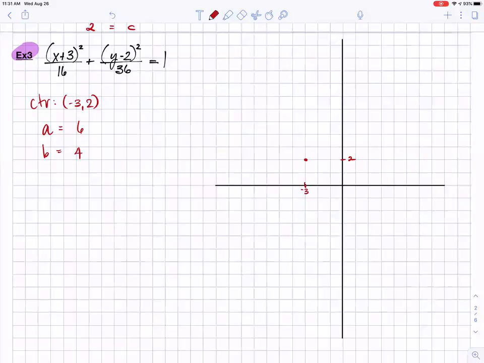How far up and down? 6 units up and down. 2, 4, 6. And what else do I do from the center? Left and right, how far? 4. So 2, 4. Now you have top, bottom, right, and left. Go ahead and draw your Larry.